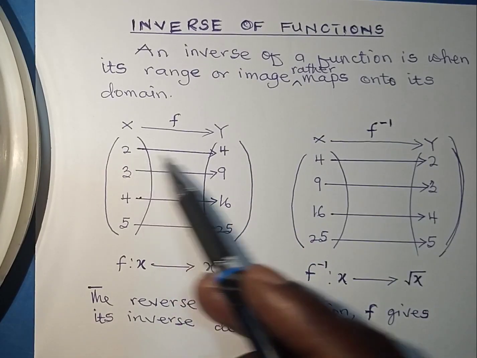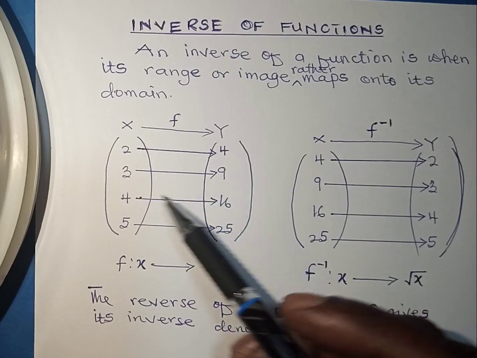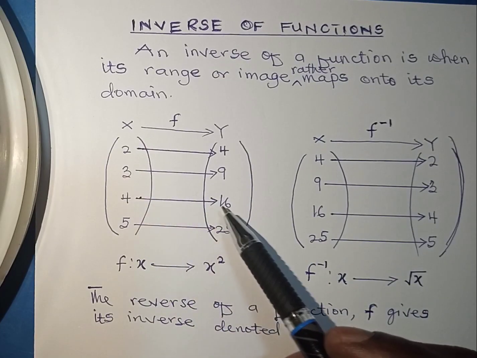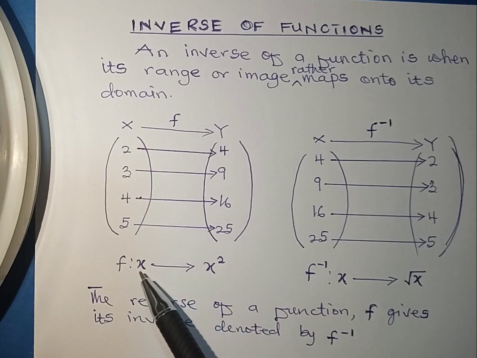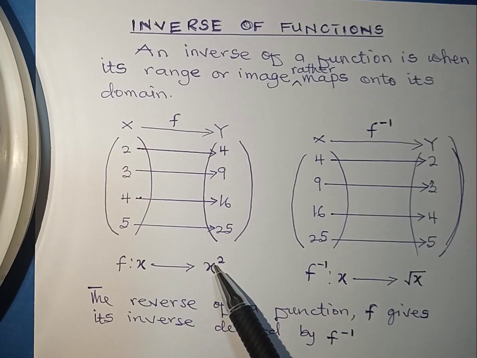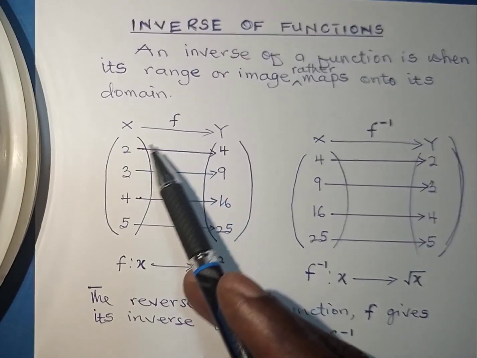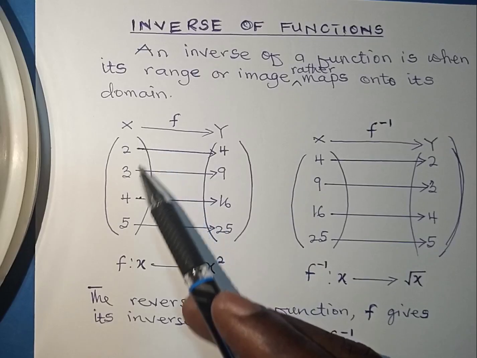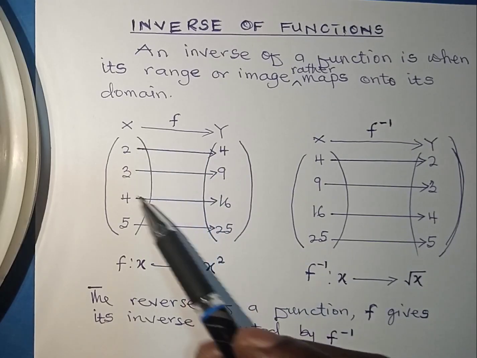So 2 squared gives us 4, 3 squared gives us 9, 4 squared gives us 16, 5 squared gives us 25. So that is the rule, and this is the function itself. So if we say find its inverse, what does this inverse mean?